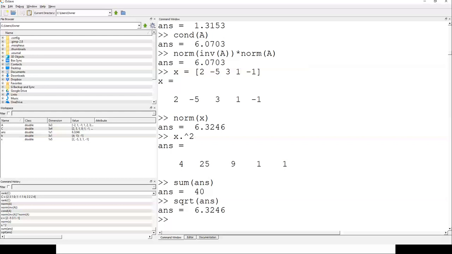So, a note about norm. The conventional norm is called the 2 norm. That means square and square root. You take the square and then you get the square root. But you have a norm for every number. You have one norm, which is called the magnitude norm. That just means the magnitude of this plus the magnitude of that plus the magnitude of that, and so on.